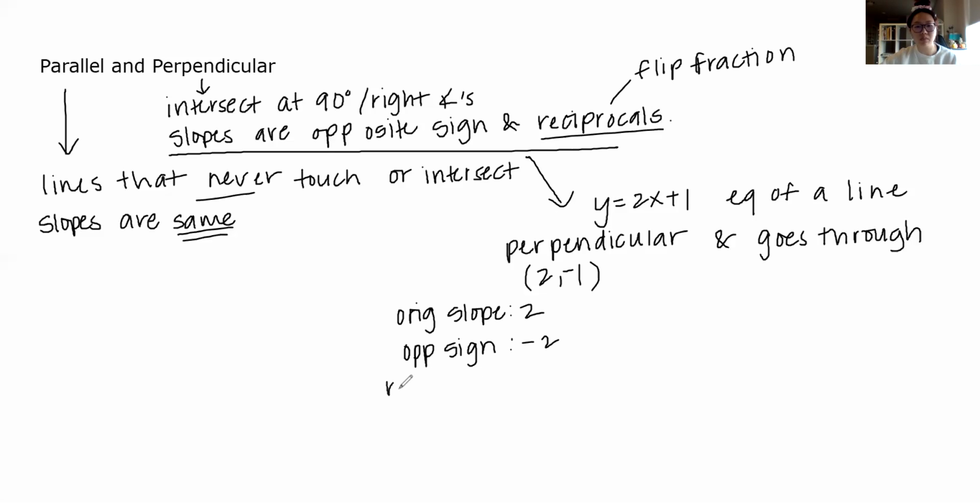So when I take the reciprocal, instead of a whole number 2, it becomes 1/2, because remember that any whole number is just that number over 1. So this -2 is the same thing as -2/1. We now have this new slope, my perpendicular slope, -1/2.